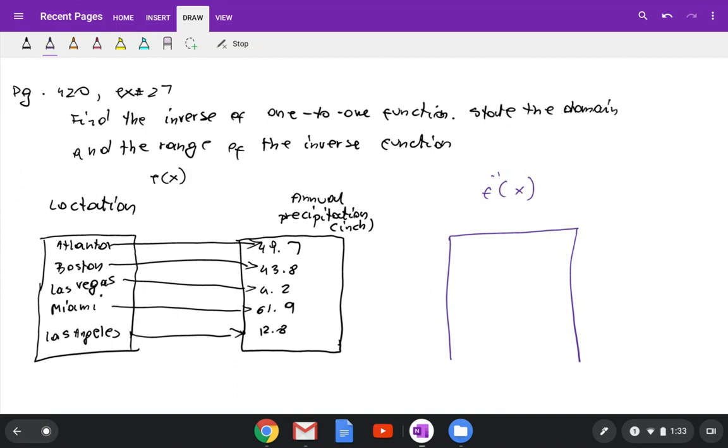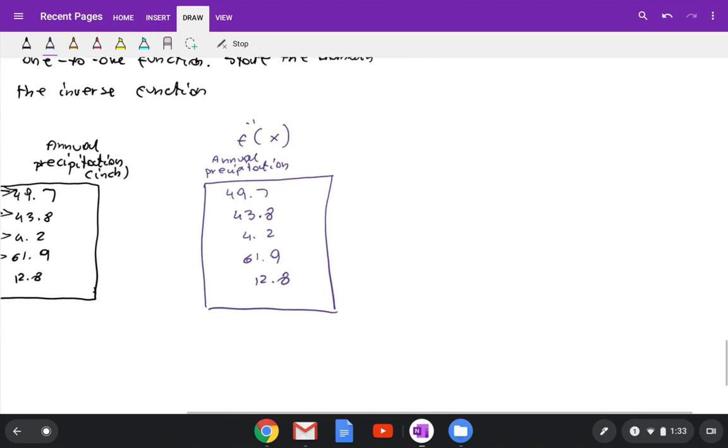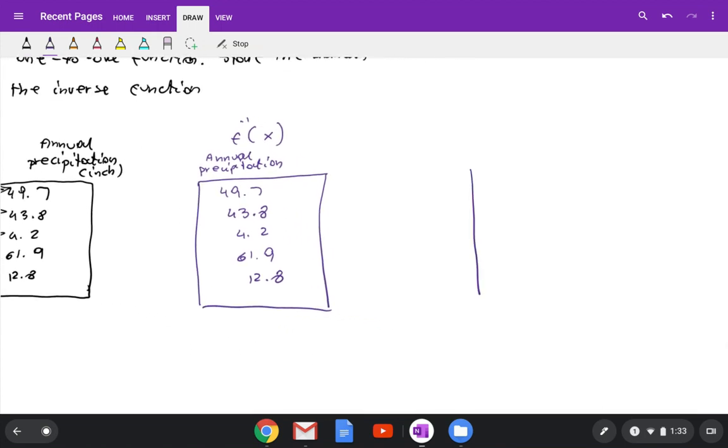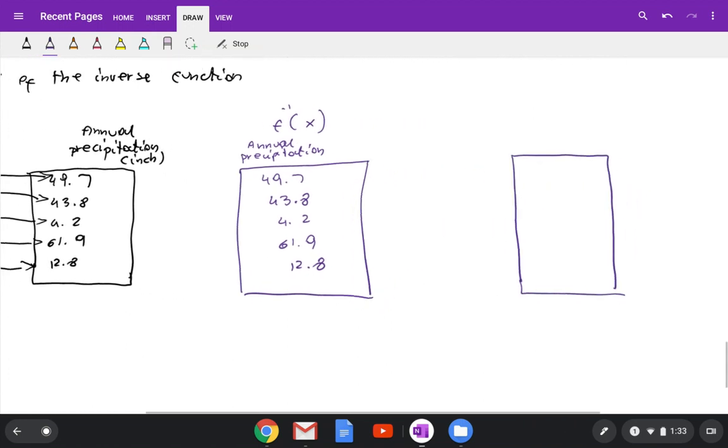So right now, the domain of inverse function will be annual precipitation. Okay, so 49.7, 43.8, 4.2, 61.9, 12.8. Okay, and the range of inverse function, it's the domain of original function, which means location.